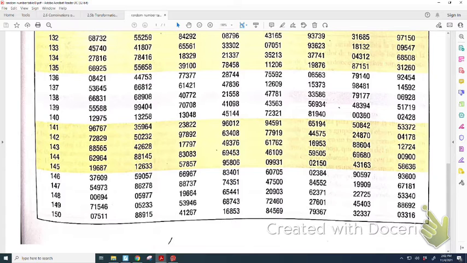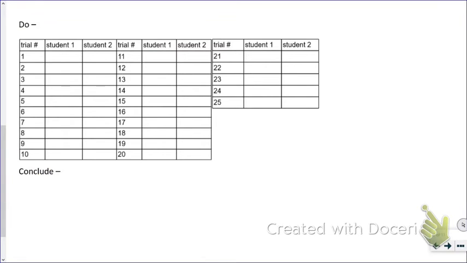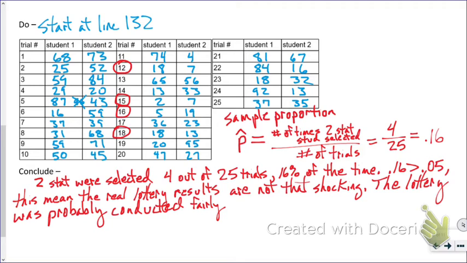We got something like this. So if you need to rewind and look at line 132, and as I go 2 digits at a time, that's what happens. And I already concluded and everything. So there it all is.